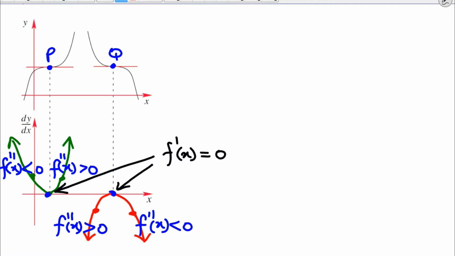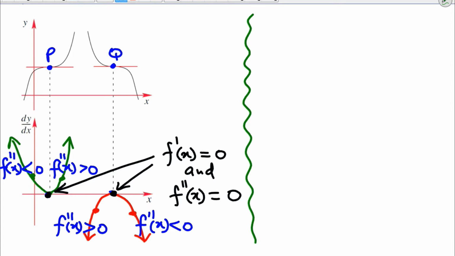And we can also notice something else. At points P and Q, the gradient of the gradient, because look at the gradient function for both cases, will be 0. The gradient of the gradient will be 0 at each of these points here. So what are some of the key points that we can generate from these observations?